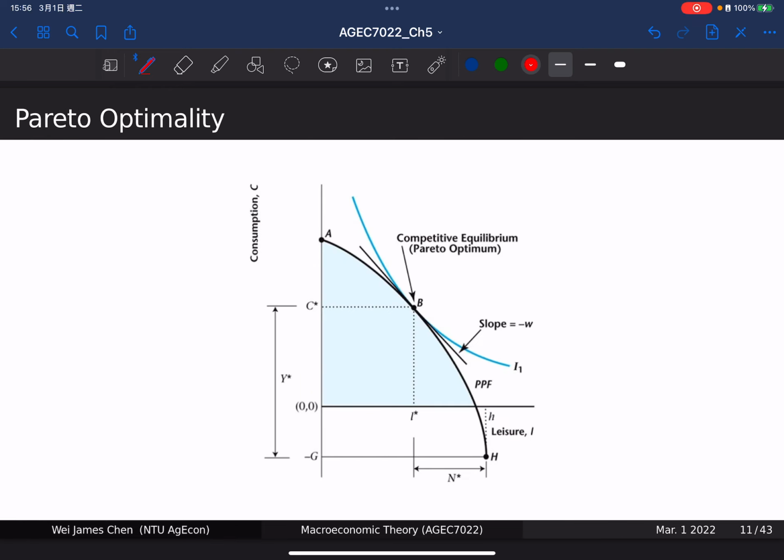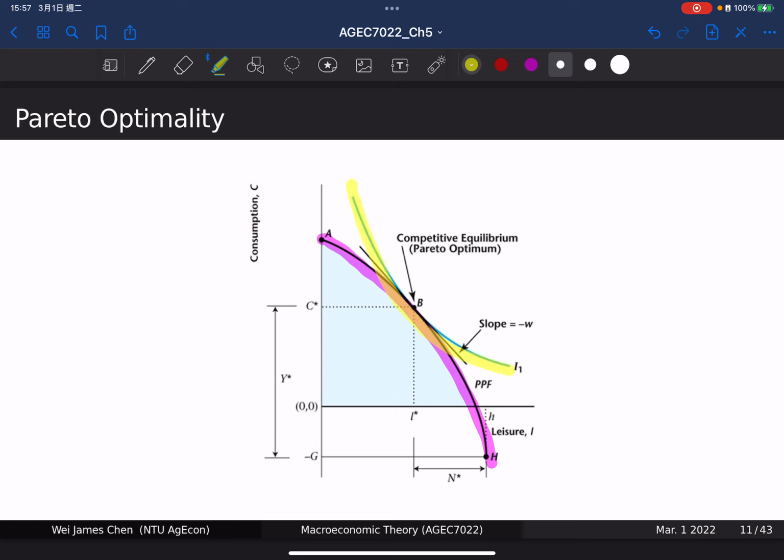And what is Pareto Optimal here? Pareto Optimal here is actually pretty simple. We don't have a market here. We're asking that given this PPF, the consumer, if there's a God that decides what bundle this consumer is going to consume, then what will happen?